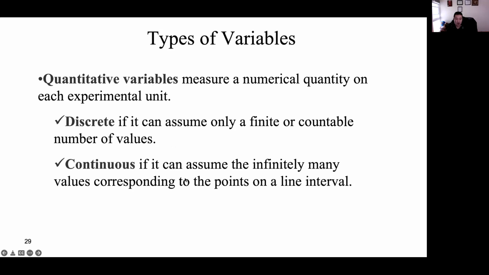Continuous variables can assume infinitely many values corresponding to the points on a line interval. For example, we use a thermometer to measure the temperature of the room. We take many readings, and we can plot a curve. The x-axis is the time, the y-axis is the temperature.